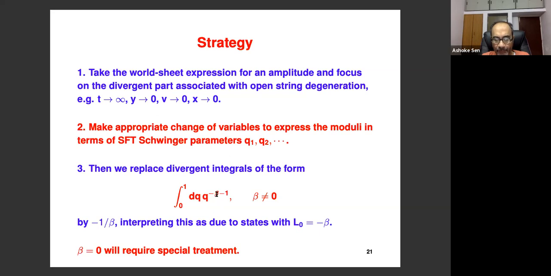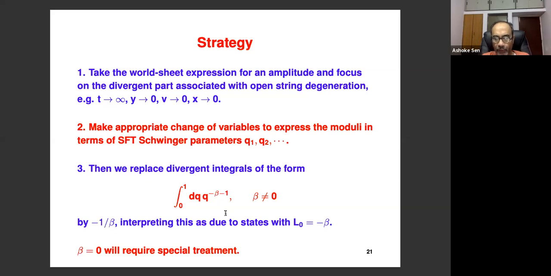So then the prescription is that whenever we encounter a divergent integral like this, we interpret this as coming from a negative L0 state, because these kinds of integrals come from integral dq q to the L0 minus 1. So when you encounter divergent integrals like this, you simply replace it by 1 over L0. Here we interpret this as L0 equal to minus beta state, so you just replace this by minus 1 over beta.